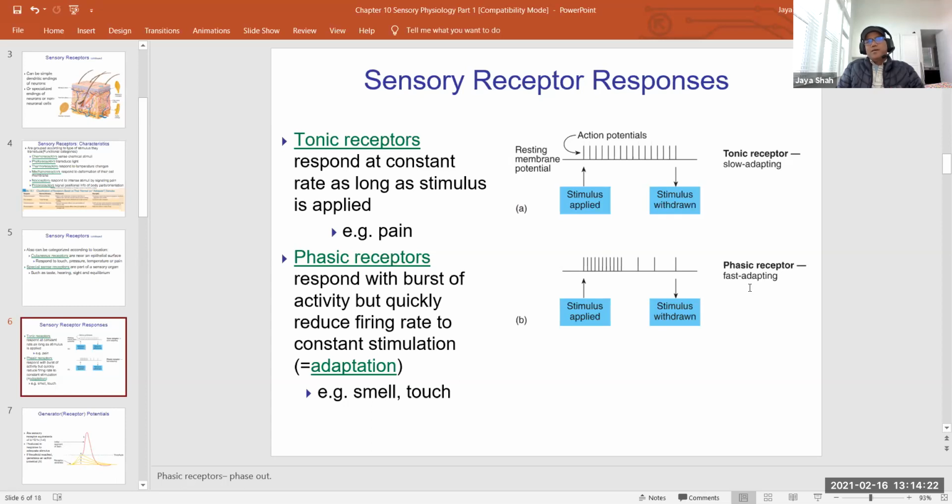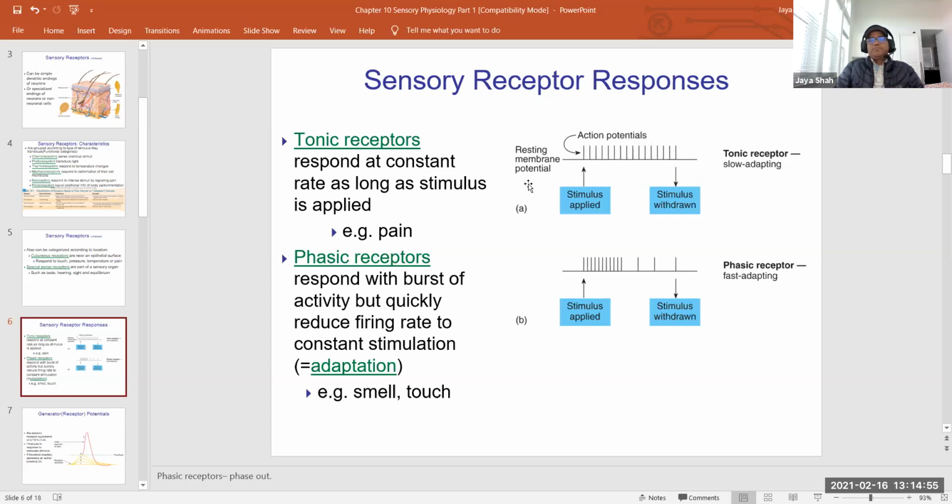Why does that happen? Because your receptors adapt to that stimulus. Okay. So based on whether a receptor adapts or not, sensory receptors can be categorized into two types: tonic receptors and phasic receptors. Tonic receptors respond at a constant rate as long as a stimulus is applied.